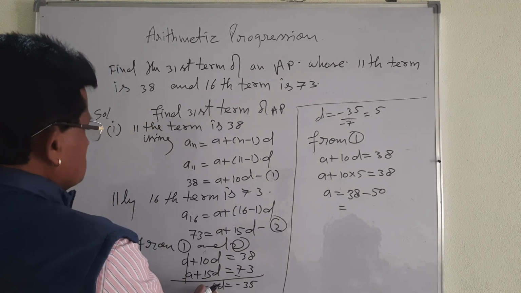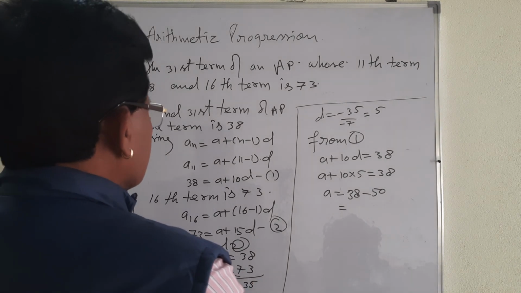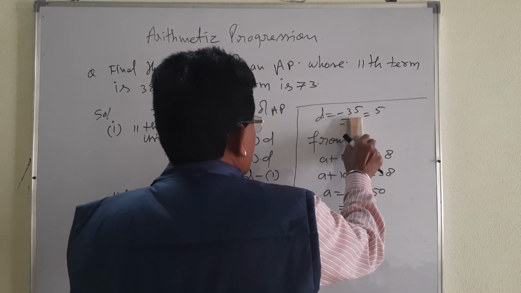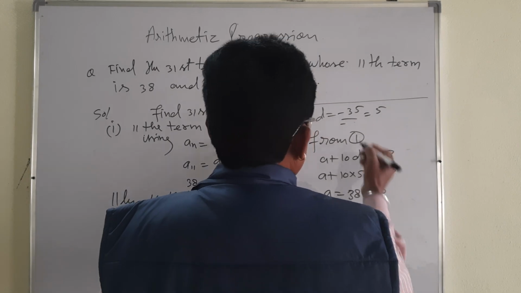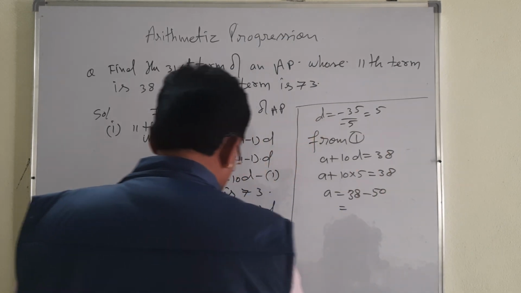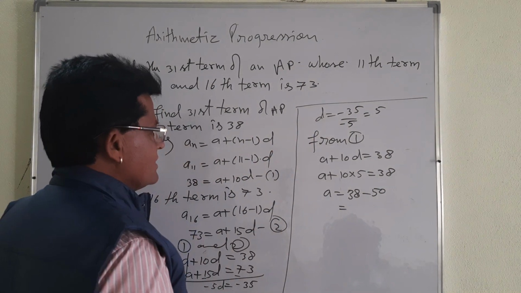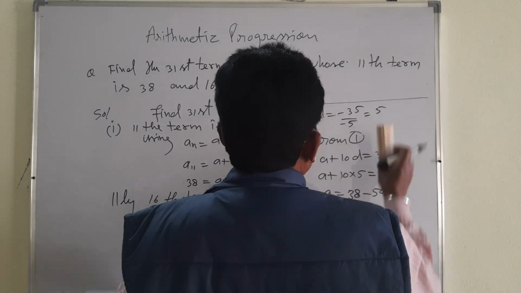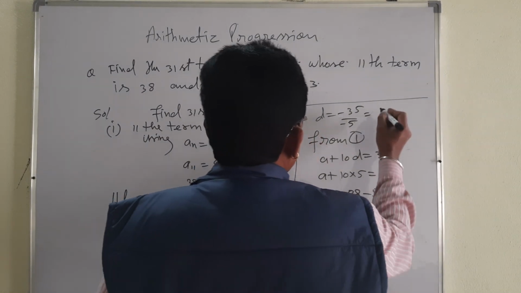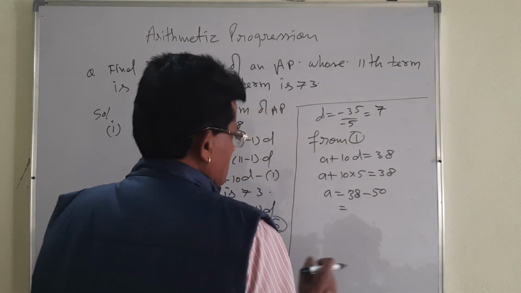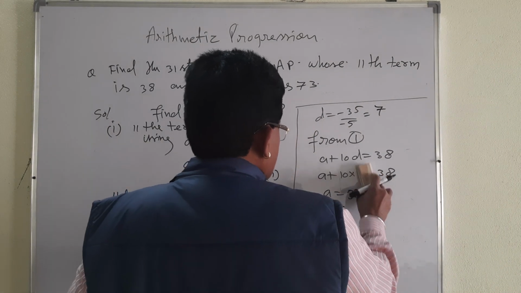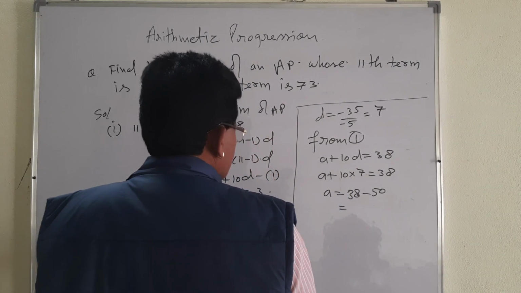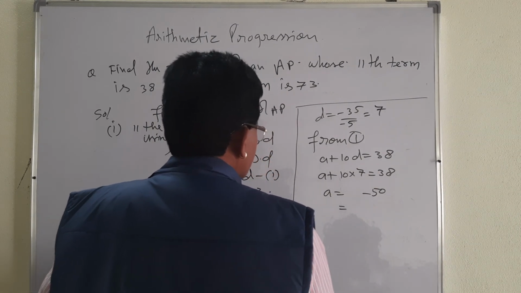There is a little mistake here. It is 5, not 7, I mean the 5D coefficient, and D comes out as 7. Let us take a little correction. Because D is 7, 10D will be 70.